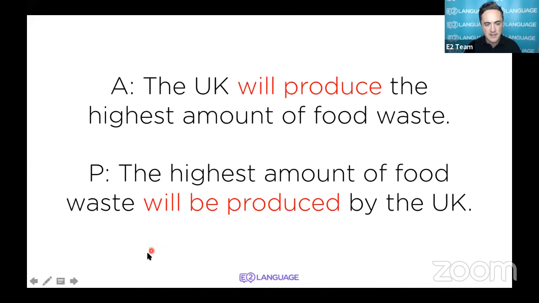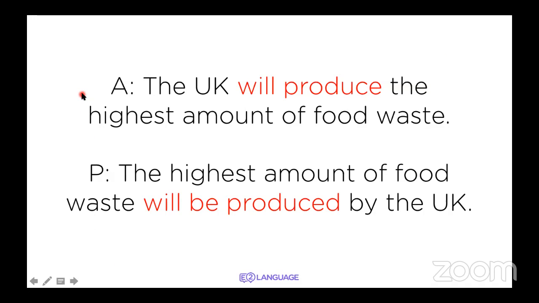Let's look at this one. Please read this to yourself and read it out loud. Good. So the active sentence says the UK will produce the highest amount of food waste.